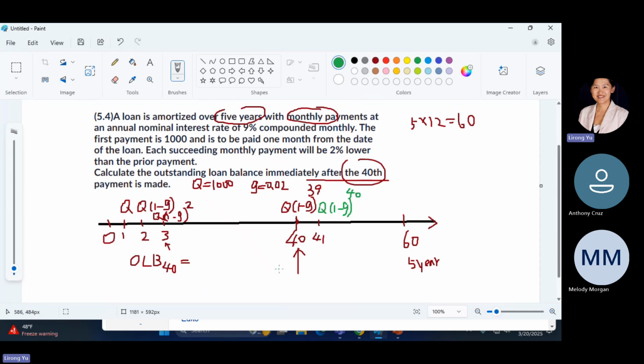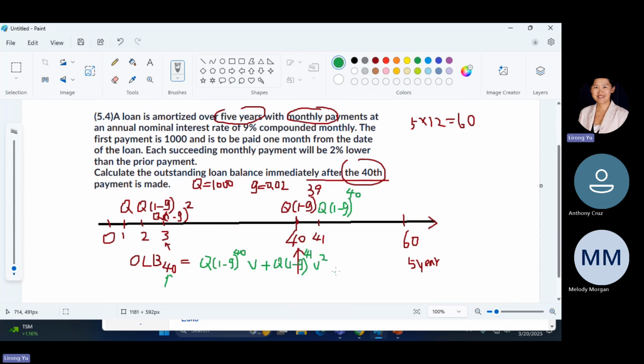So I don't have a formula for this, which is why we're using a geometric sequence. The first cash flow is Q times 1 minus G to the power 40. And we multiply by V because we're finding its value at time 40, right? Plus the payment after that is going to be Q times 1 minus G to the power of 41, and then V squared, as everything is discounted back to time 40.